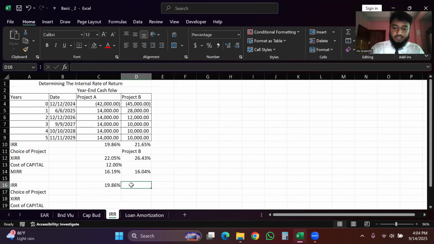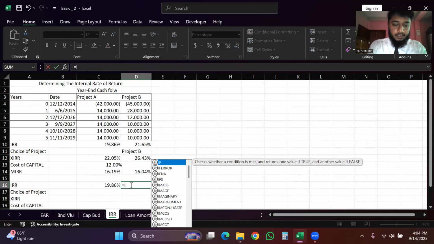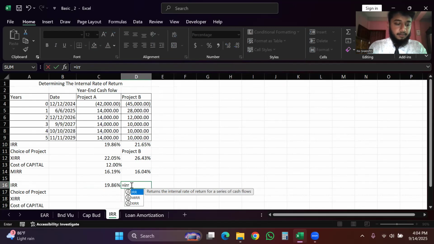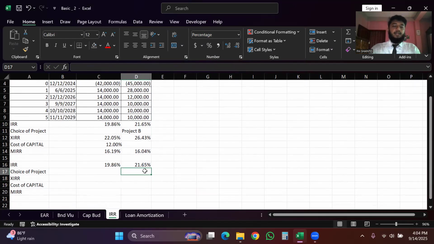Again, the same process, equal to IRR tab, the hint given value. Here is the value. Control Shift Down Arrow, closing the bracket and press enter. Here we can choose the project by the IRR value.